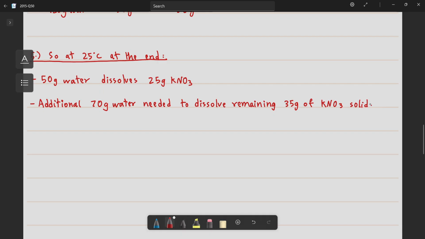Okay, the undissolved solid that was cooled at 25 degrees Celsius.